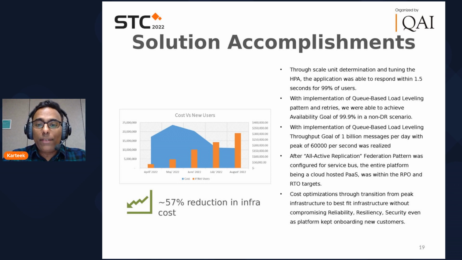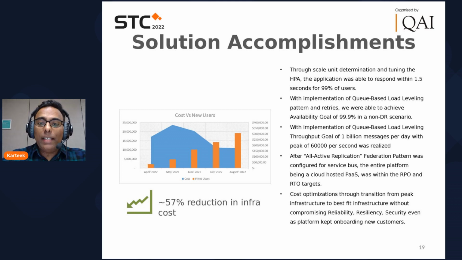With queue based leveling, we were able to achieve 99.9% availability in a non DR scenario. When DR happens, it has to set up a new environment, so we are trying to optimize the timings in a DR setup. As long as it is a non DR failure, we are still able to attain three nines of availability.